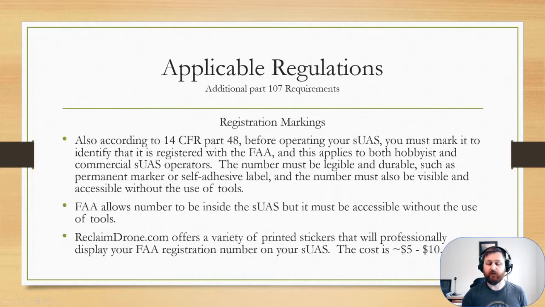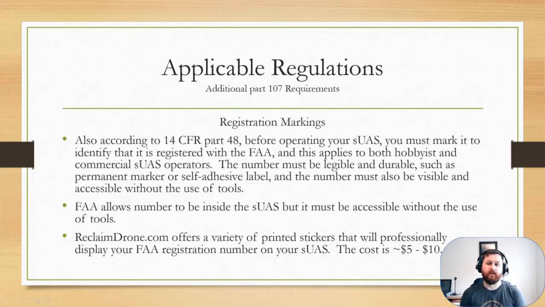So regardless of whether you're going for your Part 107 certification, if you're going to be operating an sUAS within that 0.55 pounds to 55 pound range, you have to register your sUAS with the FAA.